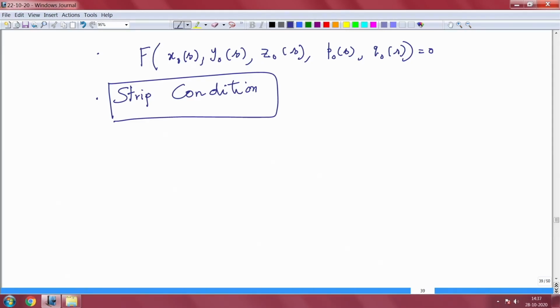Let me come to the strip condition. Generally z(t) is equal to u of x(t), y(t).